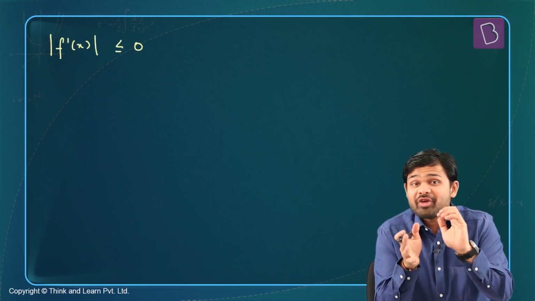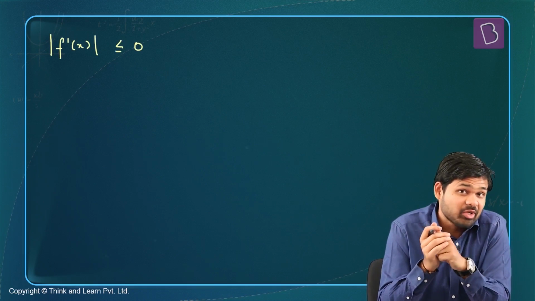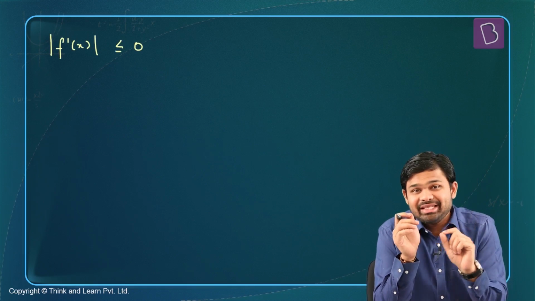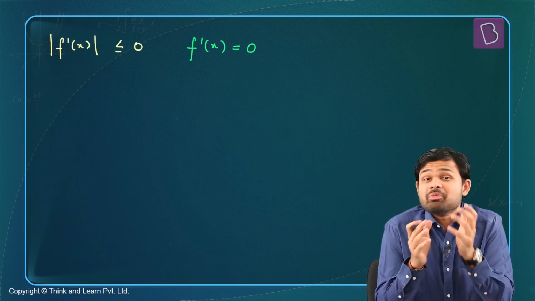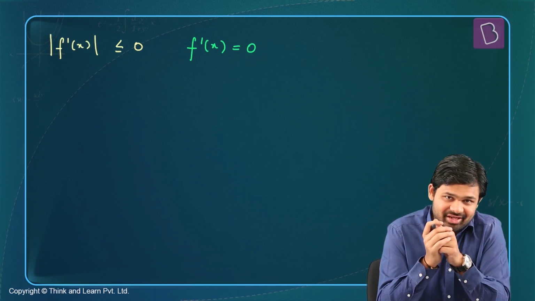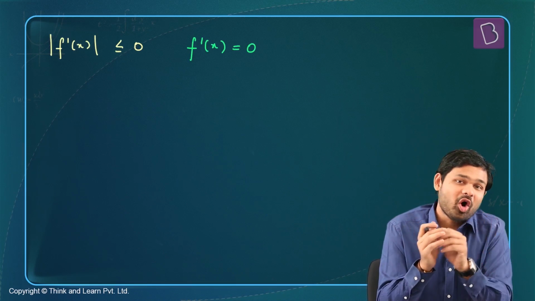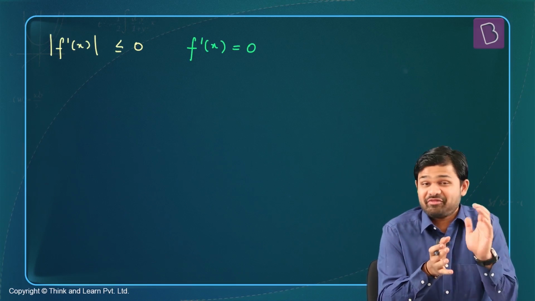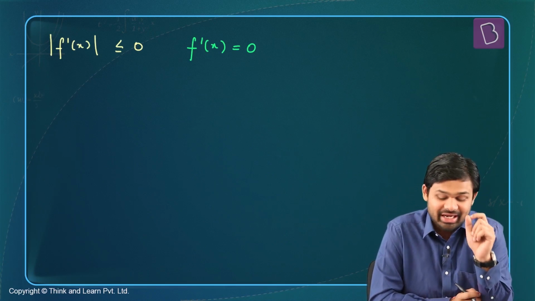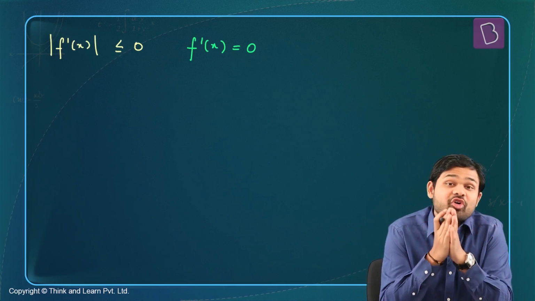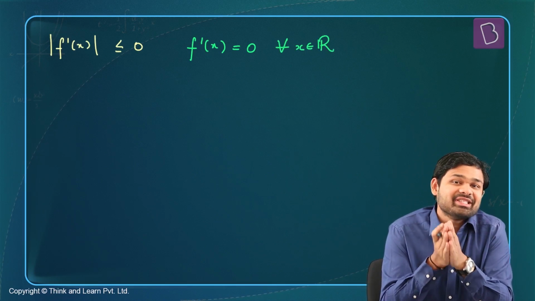If mod of f dash of x is less than or equal to 0, this means that f dash of x has to be equal to 0, correct? Because mod can never be negative. Mod has to be always 0 or positive. So if mod of f dash of x is less than or equal to 0, this means that f dash of x equal to 0 for all real numbers x.